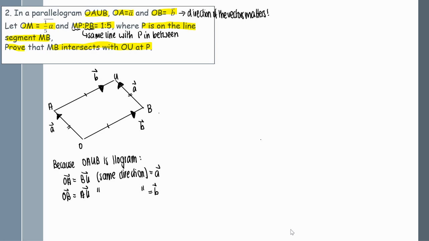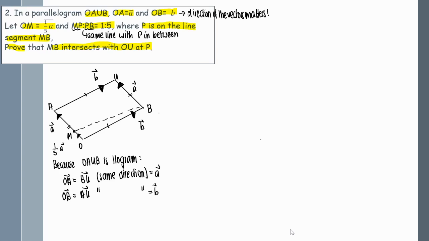The point P lies on the line segment MB, where OM is just 1/5 of vector a. So we start at the origin, we go in the same direction as a, but only for 1/5 of the length. So that way we can let vector OM be 1/5 vector a.